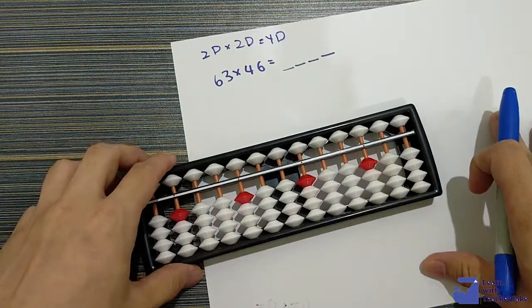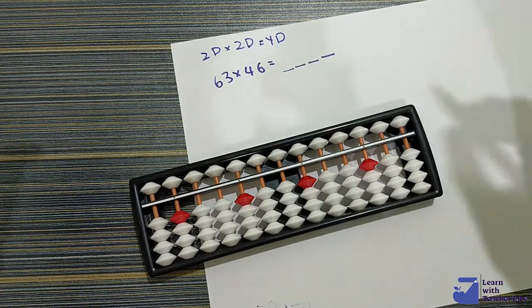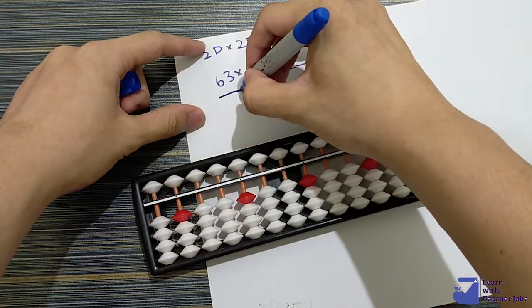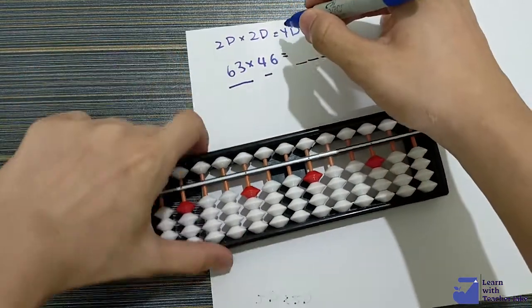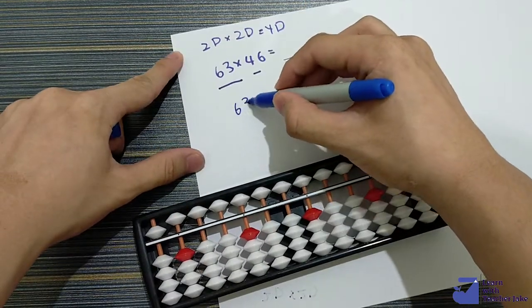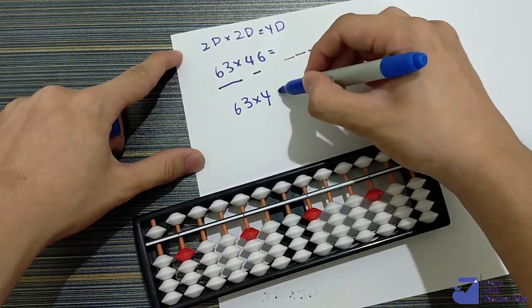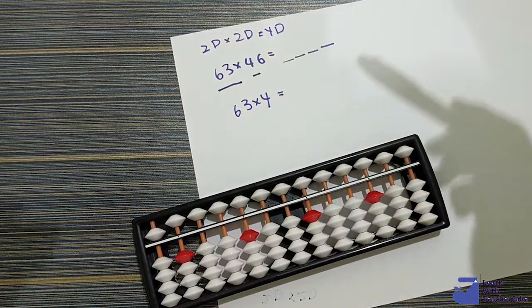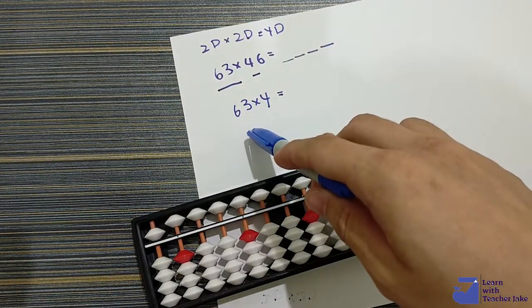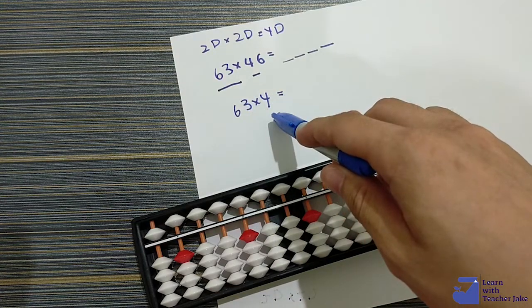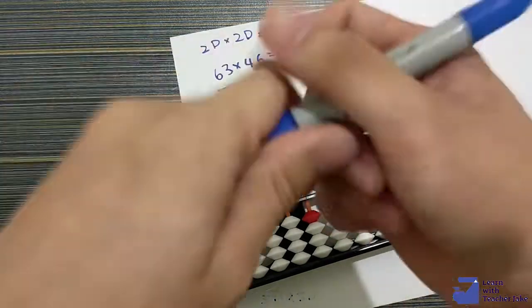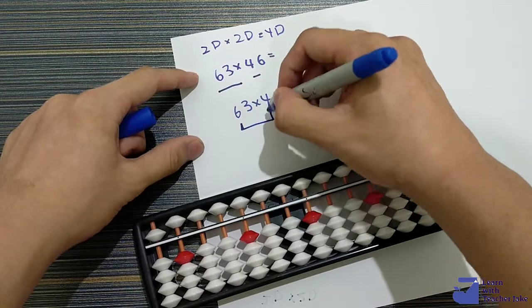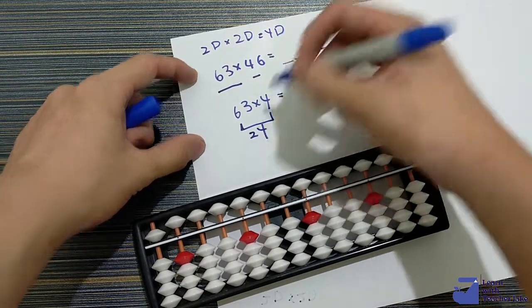Let us get started. First, we are going to look at the multiples of 63 and 4. As usual, this is what you have been doing for the previous lessons, which is a 2-digit number multiplied by a 1-digit number. So 6 times 4 is equal to 24.